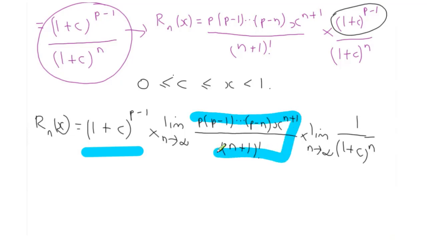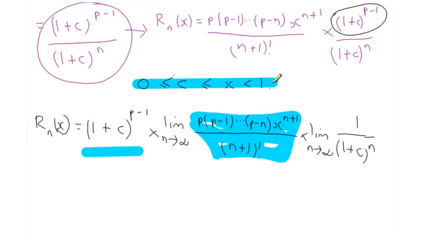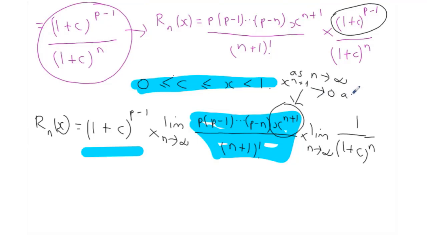If we look at this second limit, well, the key is knowing that x needs to be between 0 and 1. Basically, if x is between 0 and 1, then as n approaches infinity, x to the power n plus 1 is going to approach 0.